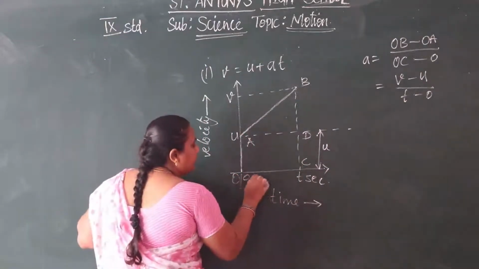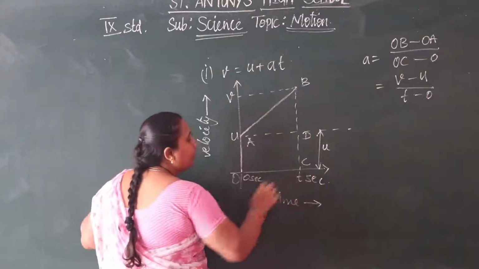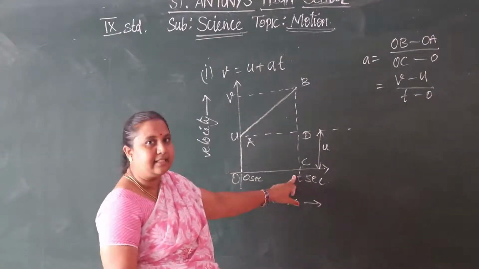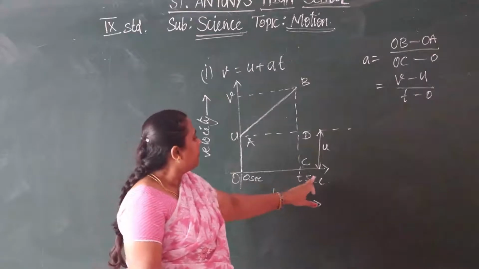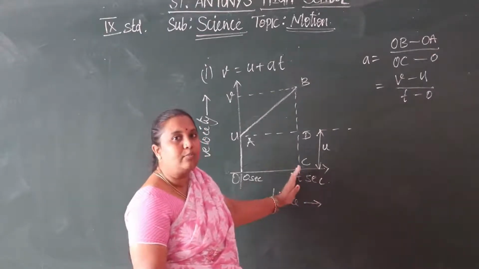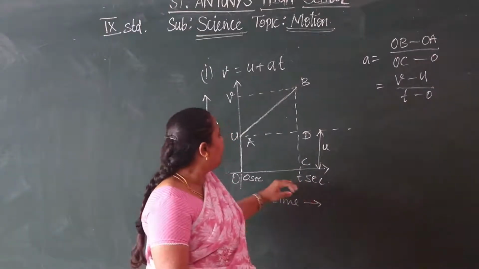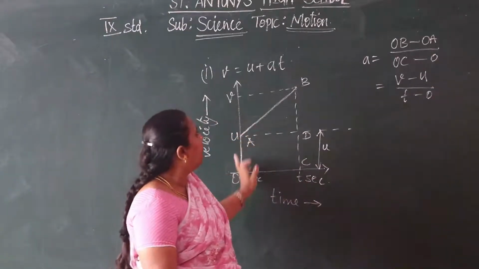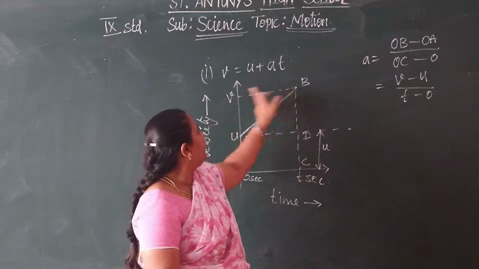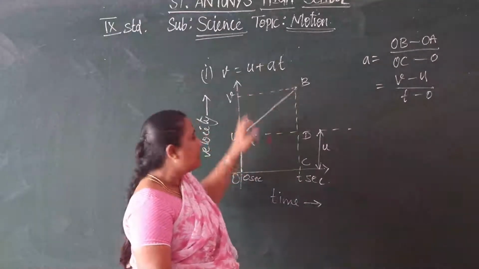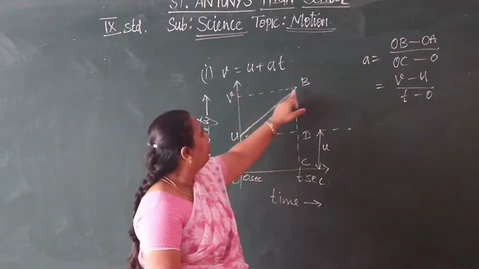So it is at rest at 0 seconds, and it moves from here to here. You can take it as T seconds. So T minus 0, and V minus U, where OB is V. This is moving from O to B.